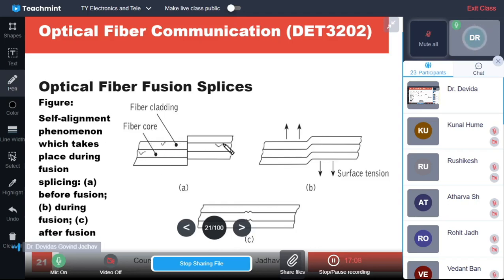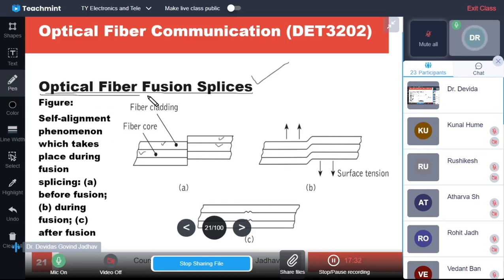Similarly, here it is the core, here it is the cladding of this fiber. Now this figure helps us to understand that fusion splicing has one very important physical property which helps automatically to align the fibers.